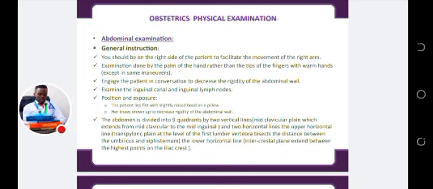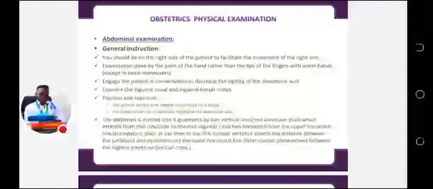The examination is done using the palm of your hand rather than the tip of the fingers, with warm hands, except in some maneuvers. Okay.